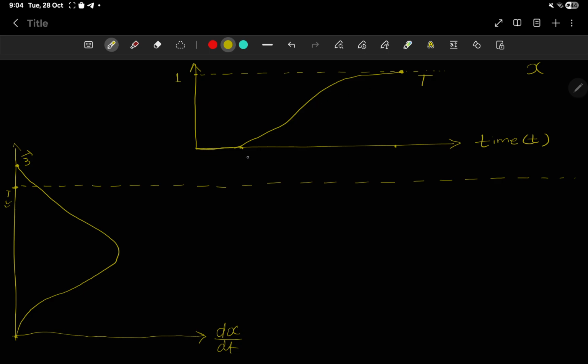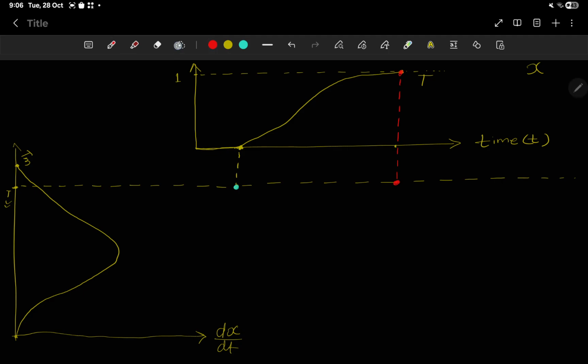Now what is going to happen at this point? Transformation is going to start. Now extrapolate this point and get this point, and from this point transformation is going to end. So we will get these two points.